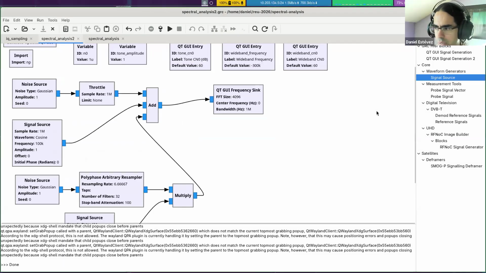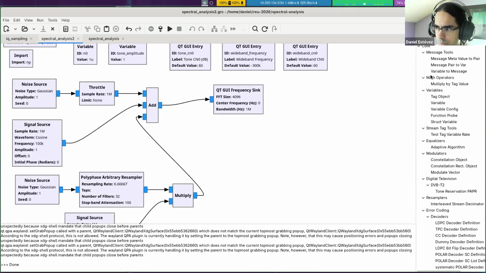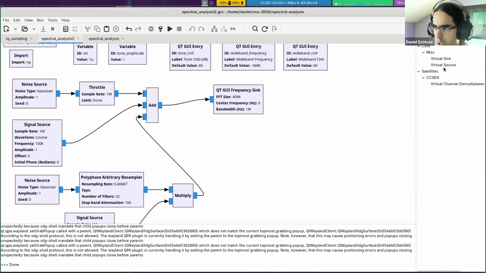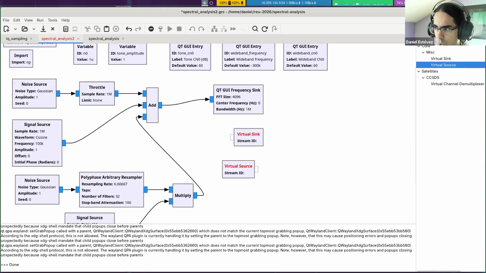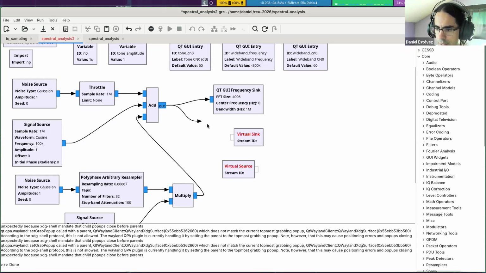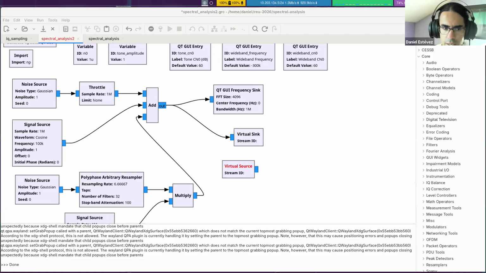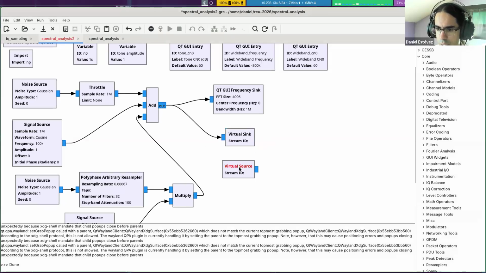So I'm going to begin by introducing another block, or actually a pair of blocks, which are the virtual sink and virtual source. These blocks are like a virtual connection. So what happens is that anything I connect here will be output there. This is like running a line directly between these two. And the only reason why this block exists is because it allows you to make flow graphs tidier.